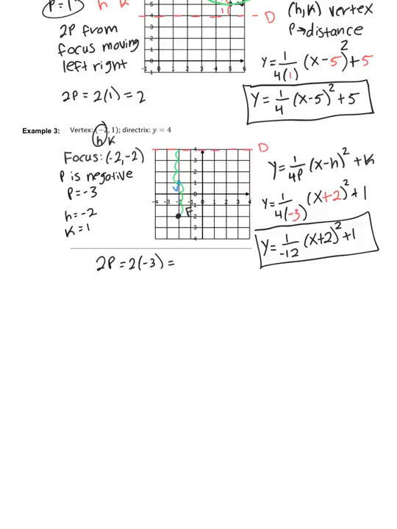So even though this is technically a negative 6, you are really going 6 units in either direction. So I'm going to go 1, 2, 3, 4, 5, 6. This one is probably going to be like somewhere way out here. And then I'm going to start from the vertex and draw down. Okay, so that is your quick video tutorial over graphing with vertex, focus, and directrix.